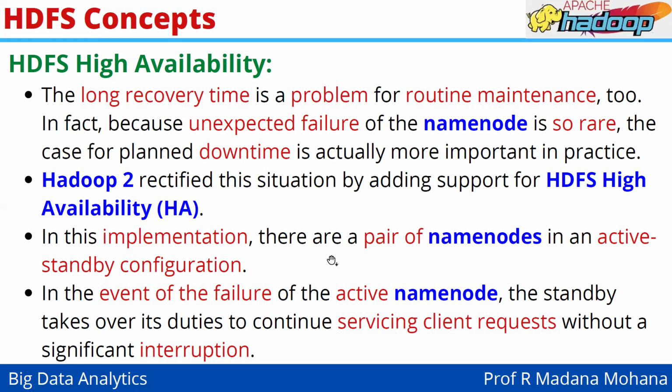In this implementation, there is a pair of name nodes in an active-standby configuration. In the event of the failure of the active name node, the standby takes over its duties to continue servicing client requests without a significant interruption. So that is the advantage of HDFS high availability, which was added in Hadoop 2.